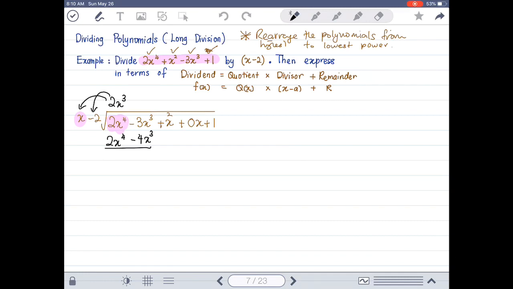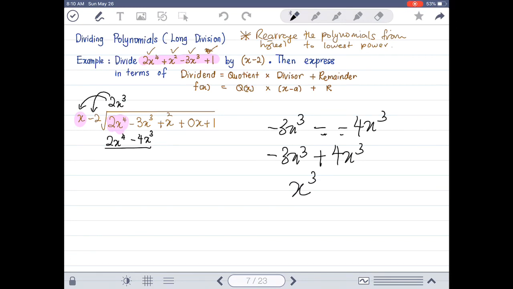Next one will be top minus bottom, negative 3x to the power of 3 minus minus 4x to the power of 3. So again, we will get negative 3x to the power of 3. Negative times negative, we'll get positive plus 4x to the power of 3. So 4x to the power of 3 minus 3x to the power of 3, you should get x to the power of 3.